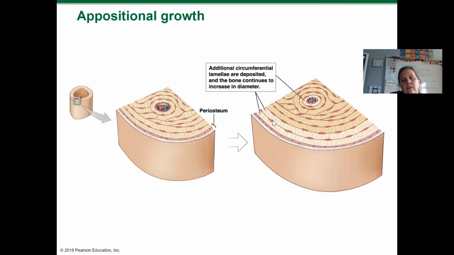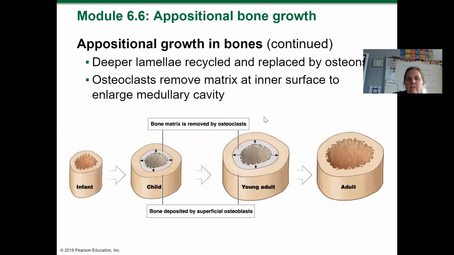Here you can see the different layers, and these osteocytes that we looked at last time are trapped in these concentric layers. If you look at this as an infant, you're small, your bones are smaller. So how does that become bigger? One of the ways is by appositional bone growth, which increases the diameter.